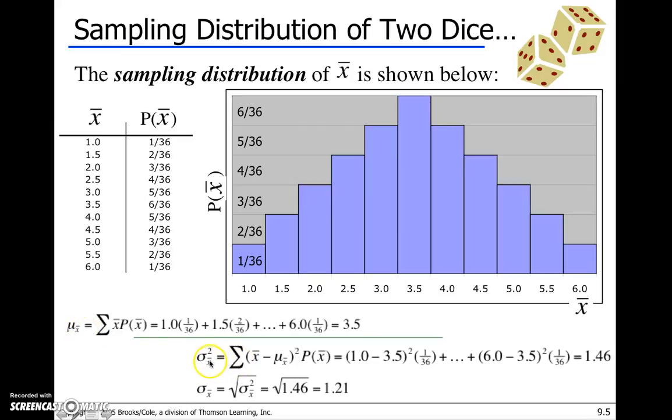Sigma squared of x bar is the variance of x bar. You calculate the variance, where x bar is the variable, not x. So it is x bar minus mu of x bar, squared, times the probability of x bar. This is using the long form of the formula, and that gives you 1.46. The standard deviation of x bar, sigma sub x bar, is the square root of the variance of x bar, the square root of 1.46, which gives you 1.21.